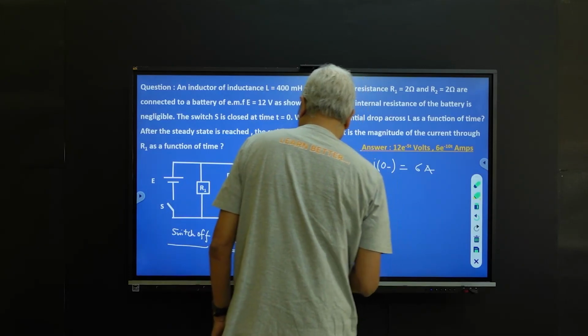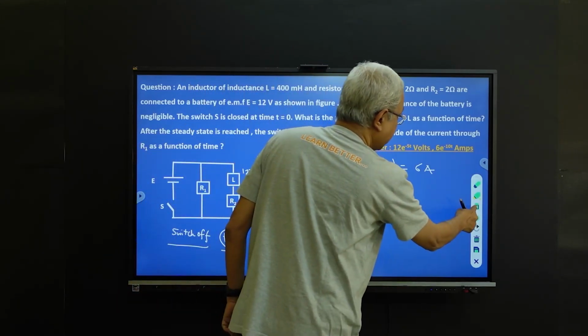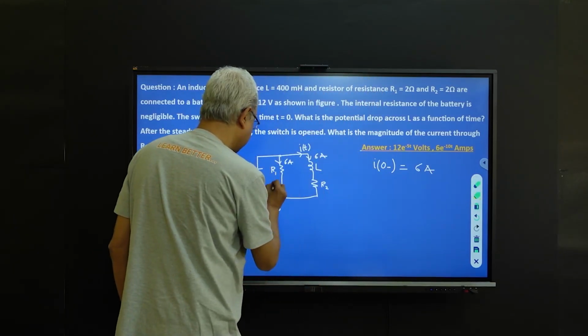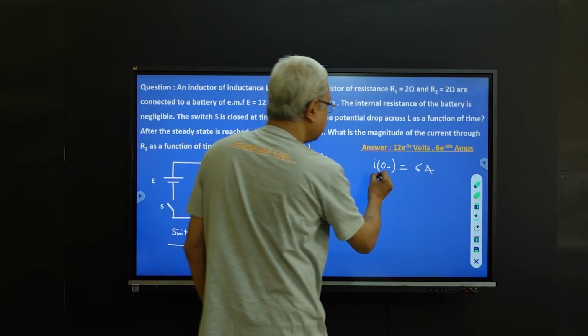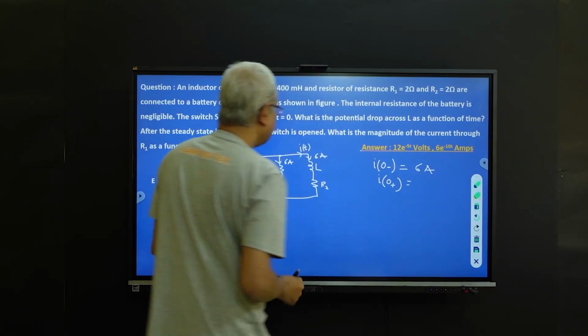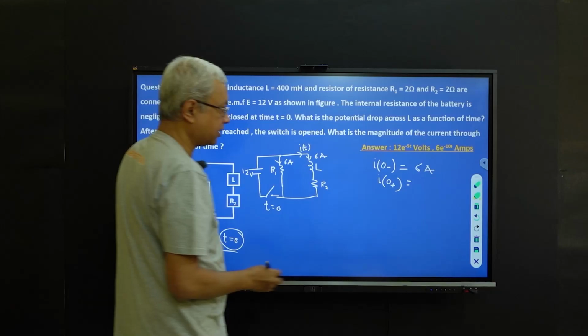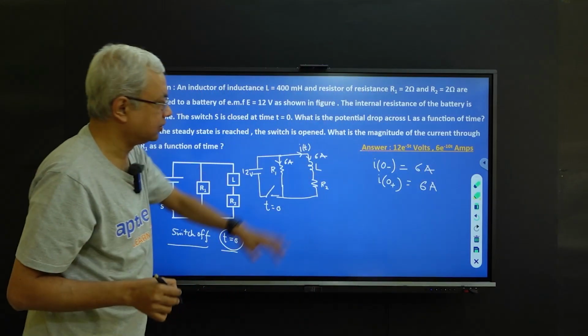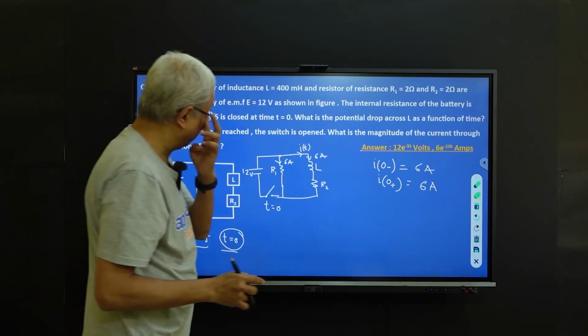Therefore, when the circuit is again broken, I can safely say from the inertial property of inductor or inductance, this will be 6 ampere.